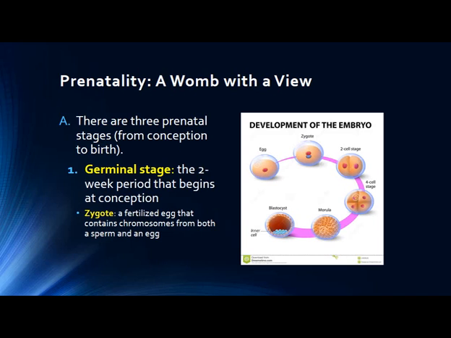We then get the zygote, which is the fertilized egg that contains chromosomes from both the sperm and an egg. Sperm, of course, contains either an X chromosome or a Y chromosome. Eggs are entirely X chromosomes. So it's the sperm of the father that determines the biological sex of the fertilized zygote.